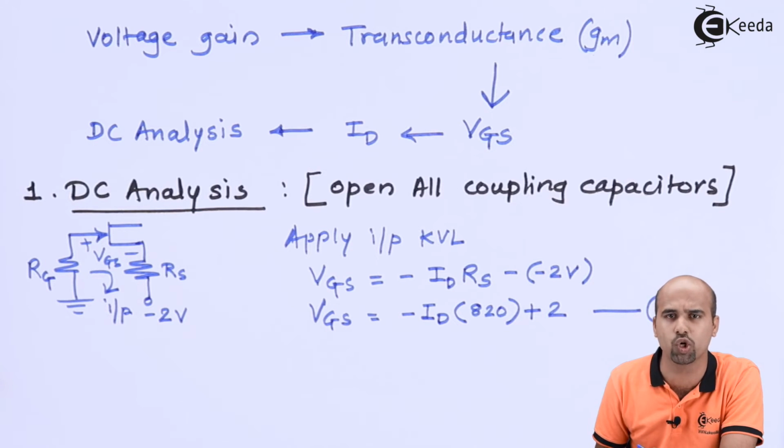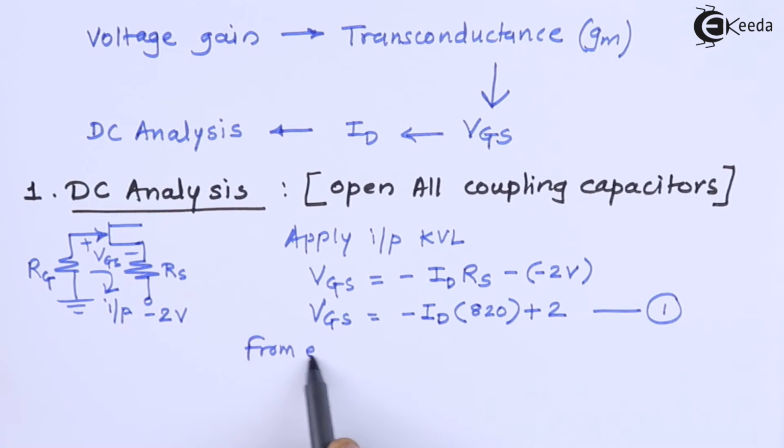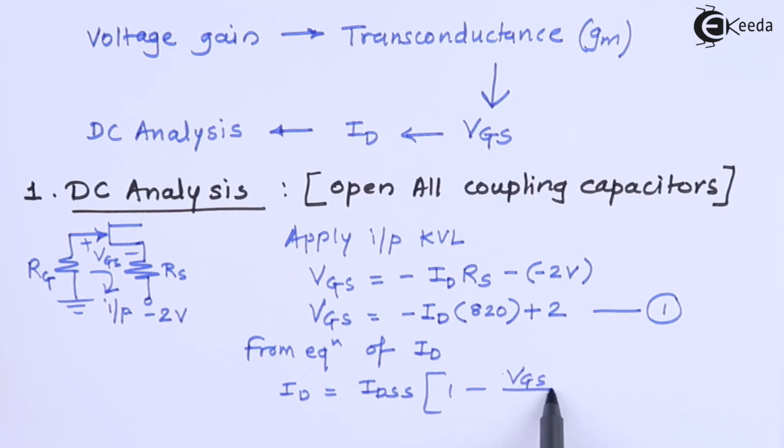We will make use of Shockley's equation, which is given by, we'll keep this as equation number 2. I know that IDSS is given as 6 milliampere, VP is given as minus 3 volts, and VGS we will get from this equation, which is nothing but a function of ID.